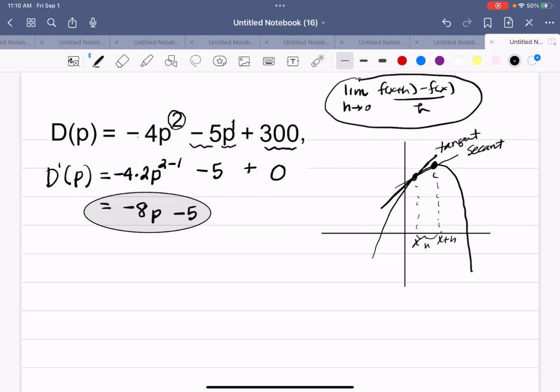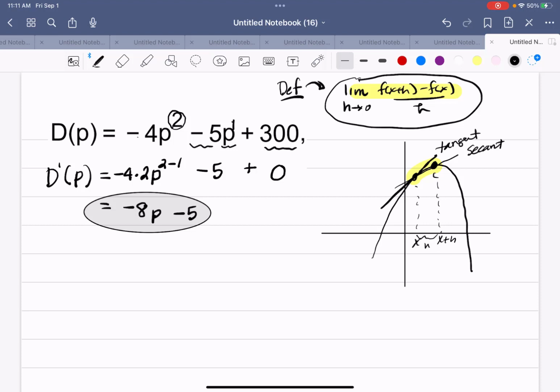If you move this second point back toward the first point, you'll get your tangent line, and that's where this limit comes from. The shortcut can be used unless the directions say using the definition of the derivative. Okay, you have to use the definition if you're instructed to do so.